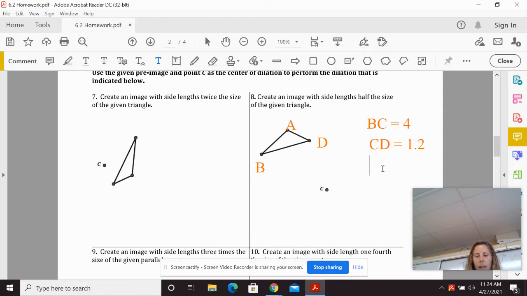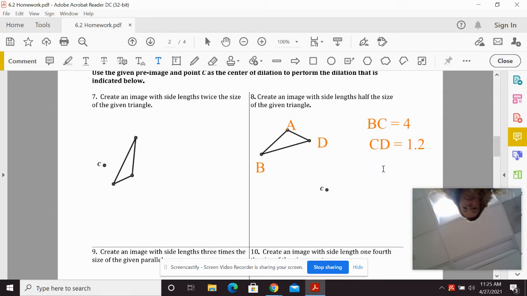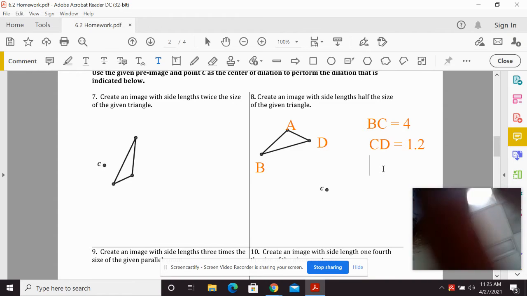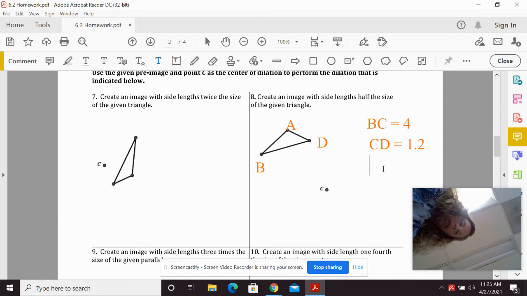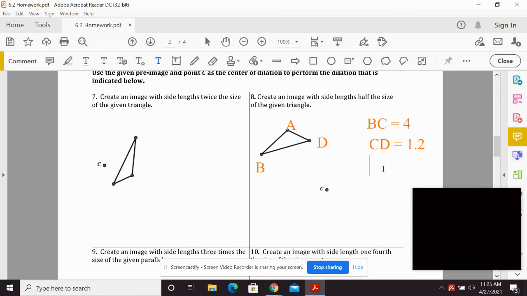And then C to A. Oh, I used inches. That's why that one was bad. I used inches. Let me go back and use centimeters. C to G. There I go. That's better.